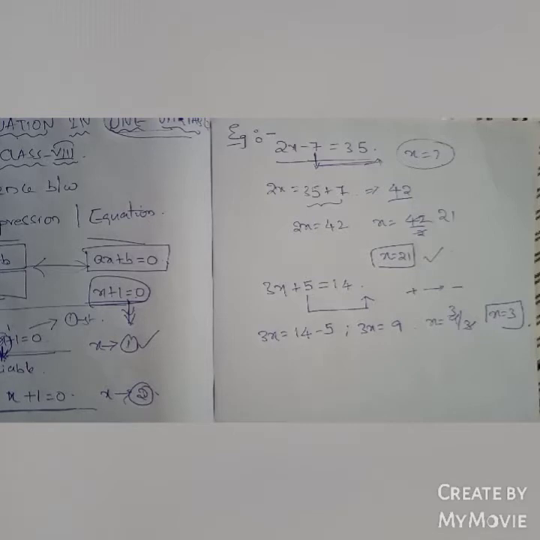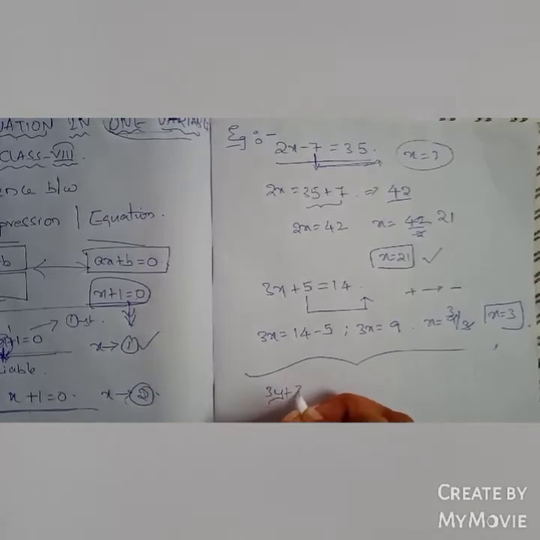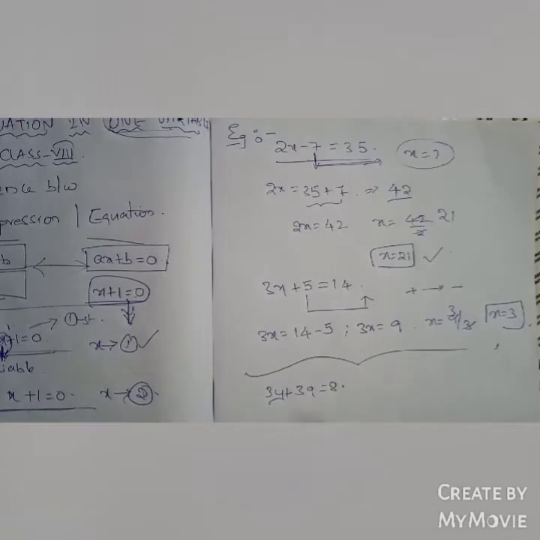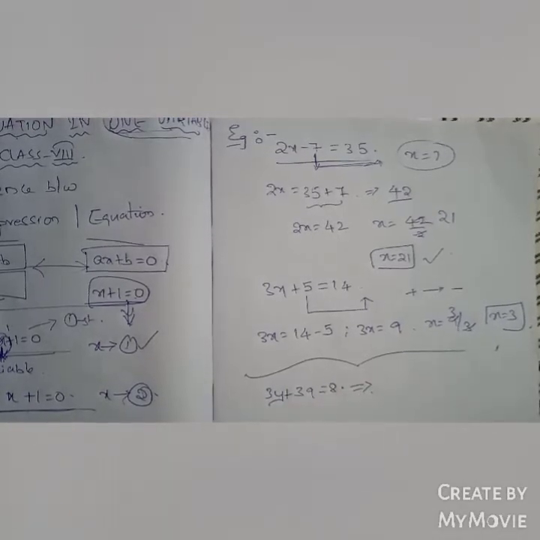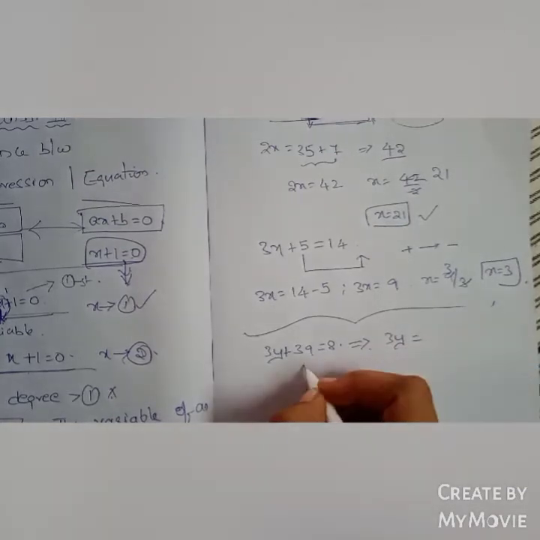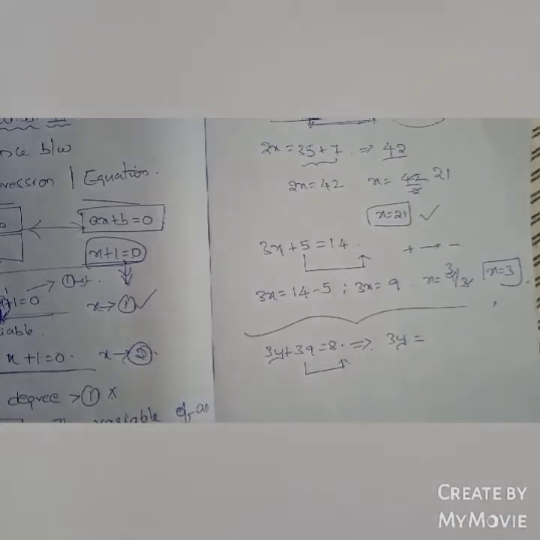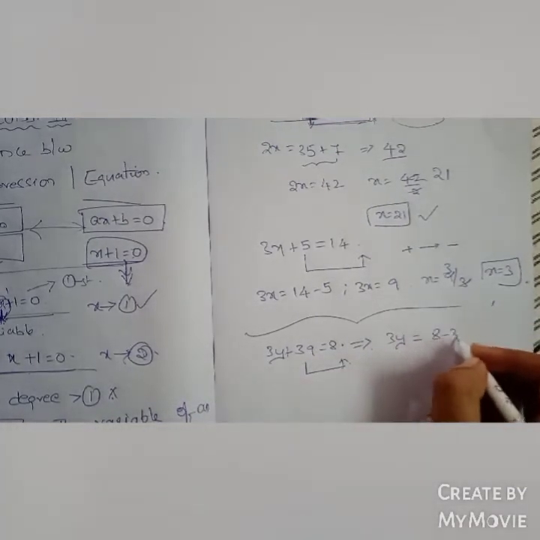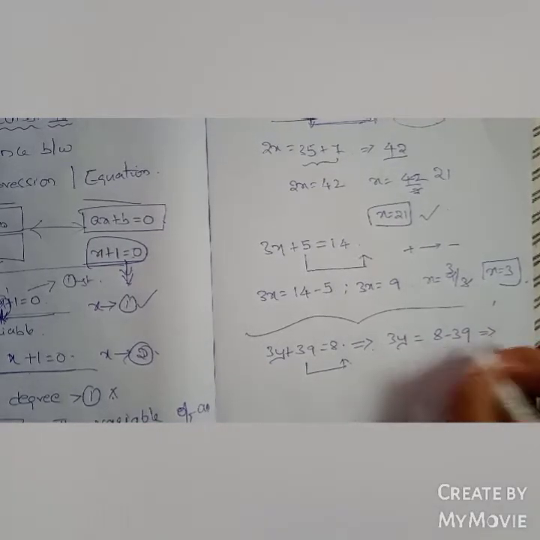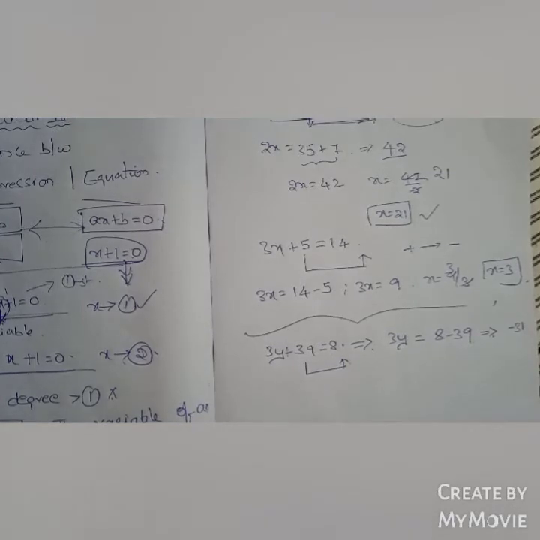We already learned these types of problems in our previous classes, and the next problem is 3y plus 39 is equal to 8. Here we use the same method. 3y is equal to 8 minus 39, shifting plus 39 to the right side. That is equal to minus 31.